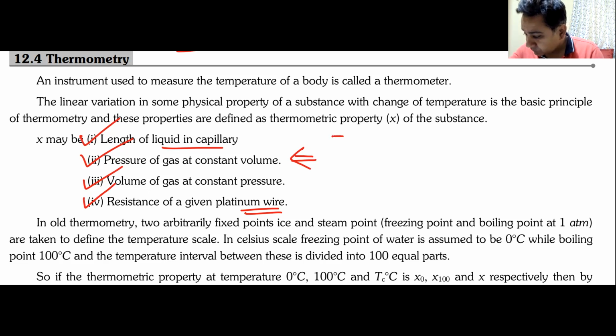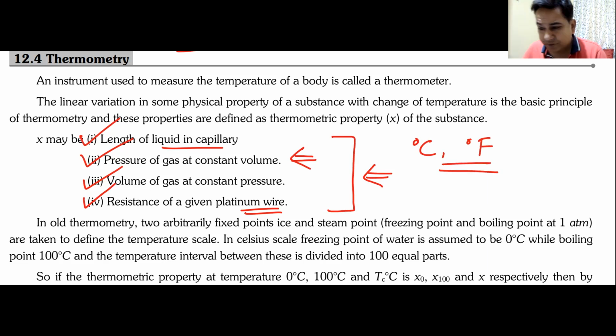Now remember, all these scales are either Celsius scales or Fahrenheit scales, because for the Kelvin scale we have a different phenomenon, since we don't have to fix two arbitrary points. The Kelvin scale comes from a single point, probably.